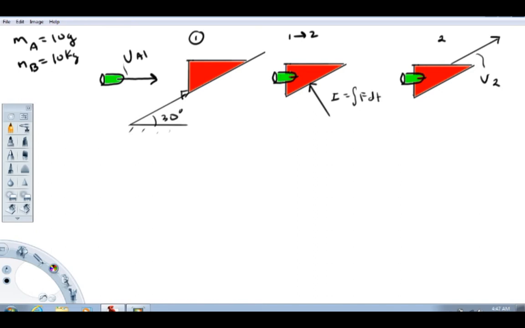The important thing to recognize is that there definitely will be an external force acting normal to the surface here. That would be an external impulse, which would be the integral of F dt if we were to try to calculate it, but we're not going to. Additionally, there would also be a gravitational force, but I'm not even going to bother including that because it would be very, very small compared to this one.